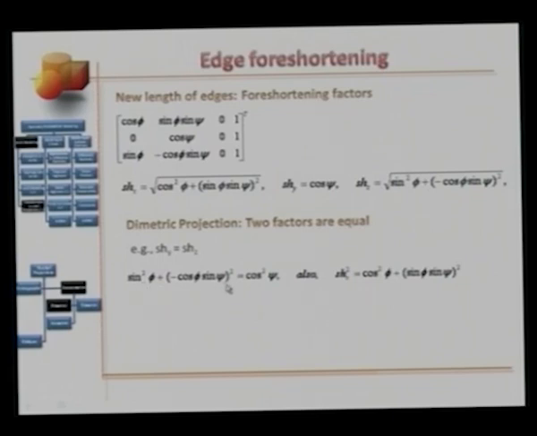We can square this equation: sh sub x squared equals cosine squared phi plus sine squared phi times sine squared psi.